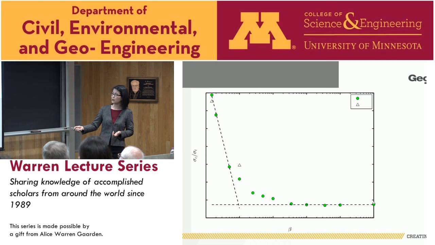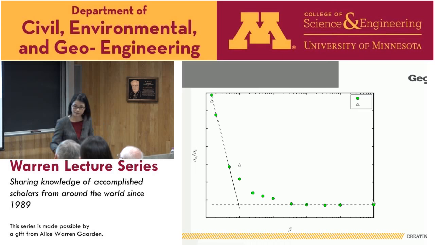But if you go down really low, if beta is smaller, around 3.5, now the softening law is actually taking effect.